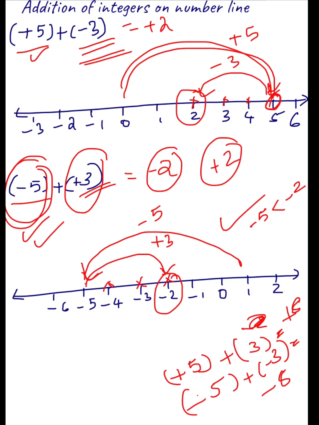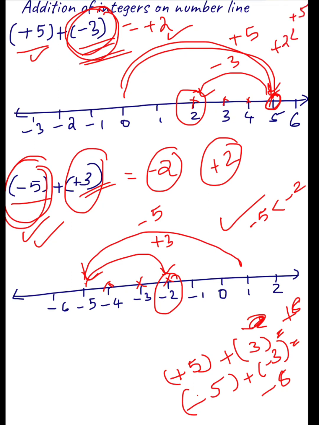And when a negative integer is added to an integer, here you can see a negative integer minus 3 is added to an integer, then the resultant integer will be less than the given number. Here you have added a negative integer minus 3. Then the answer is plus 2, and this plus 2 is less than plus 5.